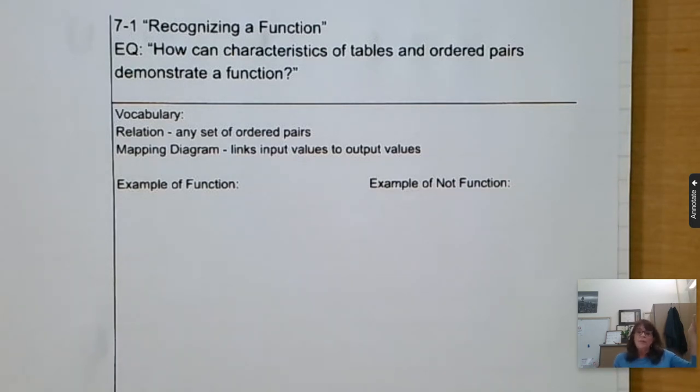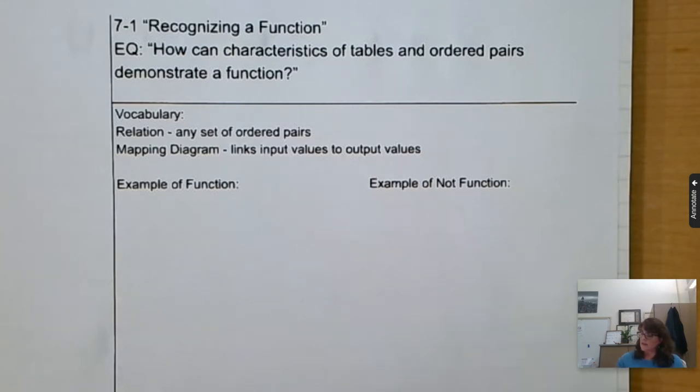If I put good thoughts and good choices into my brain, the output is typically better mental health, happiness. So input and output is something that we are familiar with.